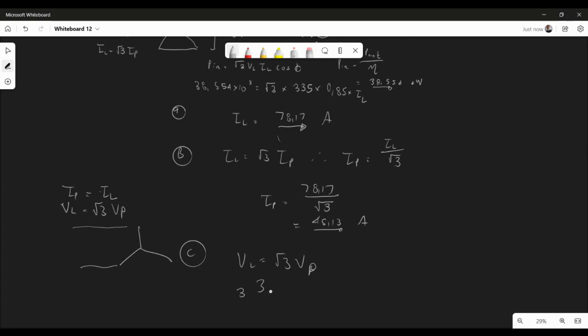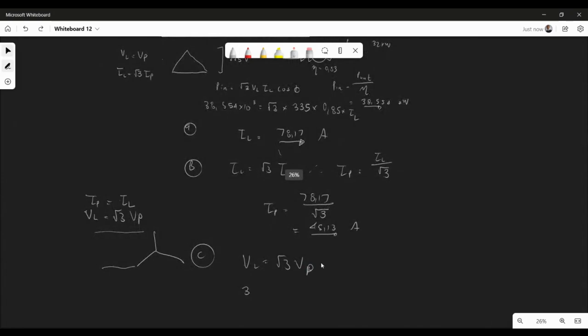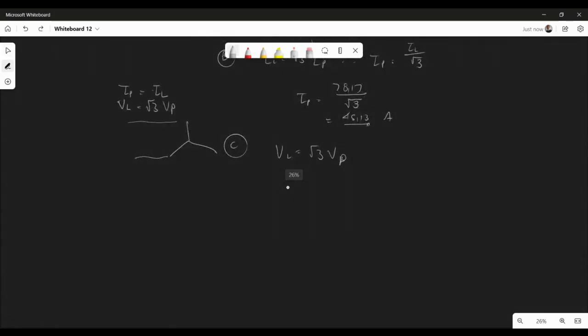Take the 335 divided by √3 and let's get our phase voltage. Well, that's just a warm-up anyway. And what do we get? 193.412 volts. So that's a nice basic introduction to what this is about.